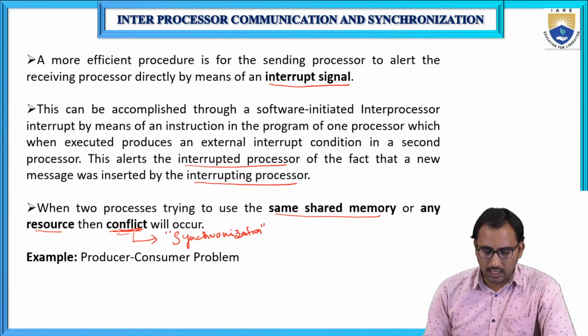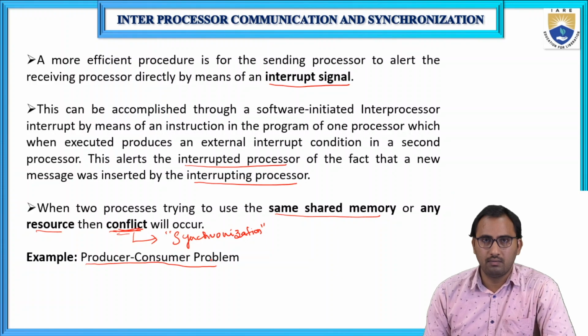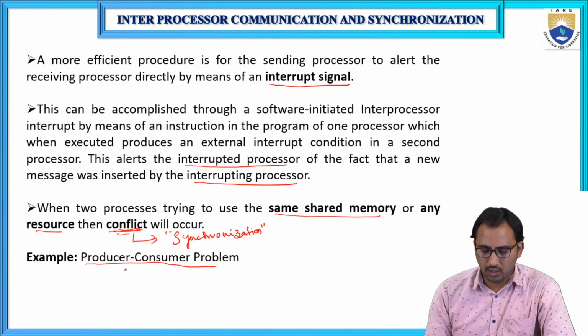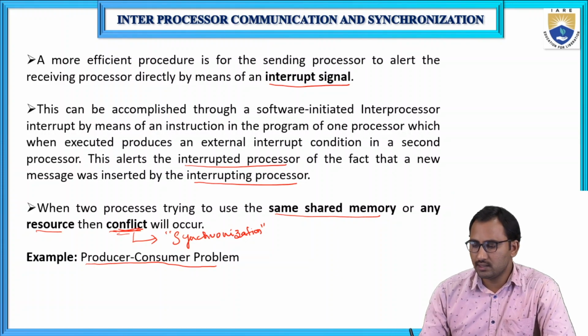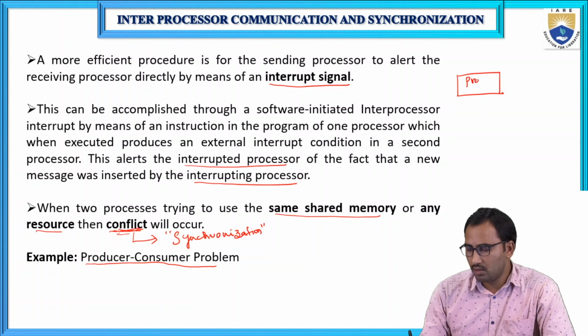You can understand this scenario with a problem called the producer consumer problem. That means we have two processes: one is the producer process, and another one is the consumer process.